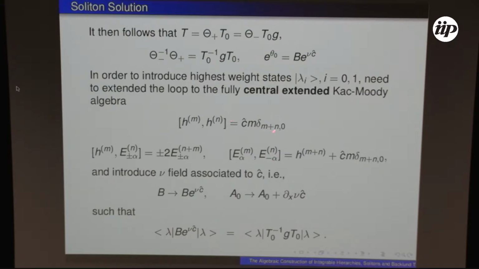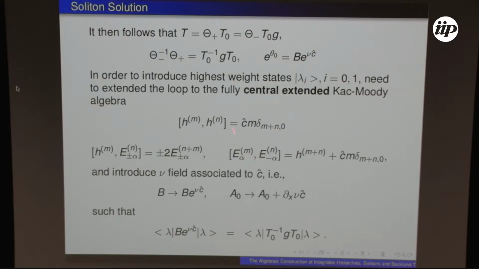You have to centrally extend the algebra by adding these two terms. Physically, if you construct representations of these algebras, and you put in all the h bars, you have an h bar there. So it is interpreted as a quantum anomaly. It is a quantum mechanical term.